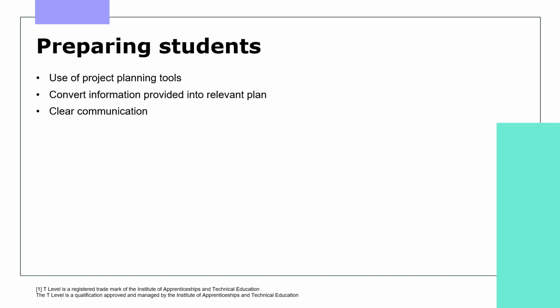Yeah, as was mentioned, the use of project planning tools, the tools will change each year when there's a different paper. So making sure that students are familiar with all the different types of planning tools that are highlighted in the specifications.